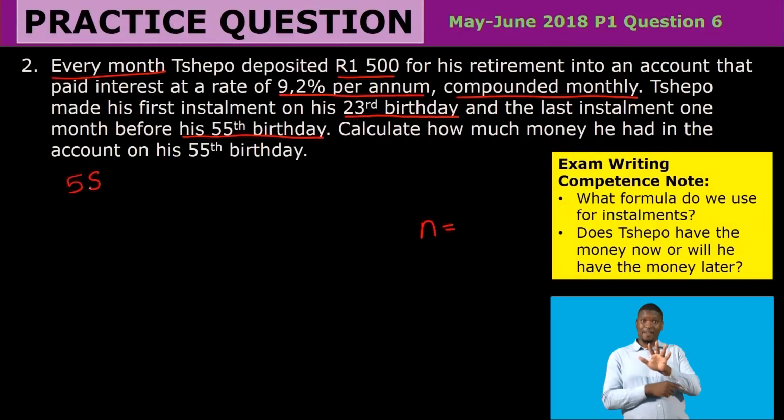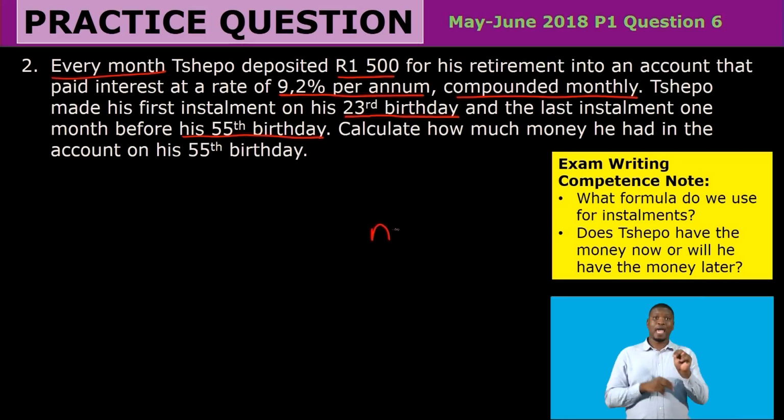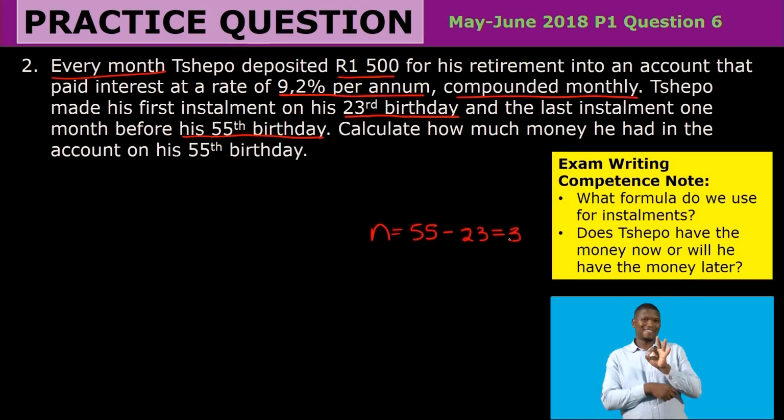Yes, you're just going to take the 55 years and minus the 23 years. Let's rather write it next to the n, where we are calculating for n. So n is equal to 55 years minus 23 years, and of course that is going to give us 32 years.